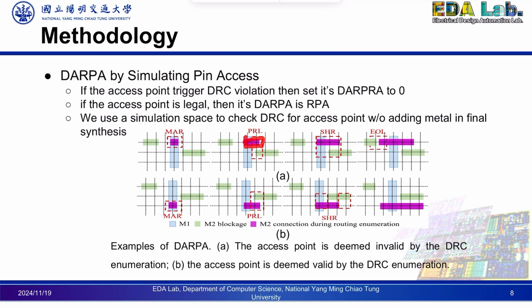And when it extends to the right side, maybe it will trigger another rule again, so it will enumerate. In the final stage, it may detect that it finally causes an end of line, and there is no solution for us to access this access point. So this is not valid; it is an invalid access point.